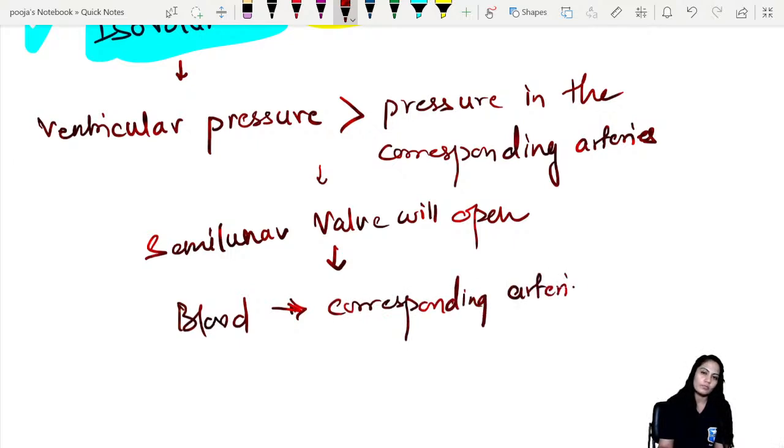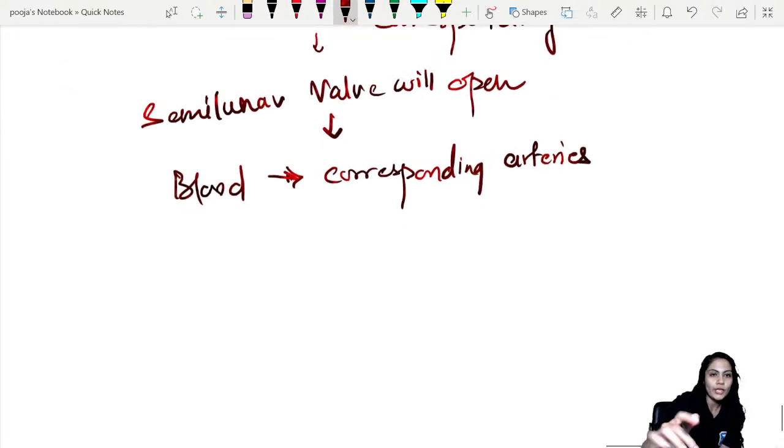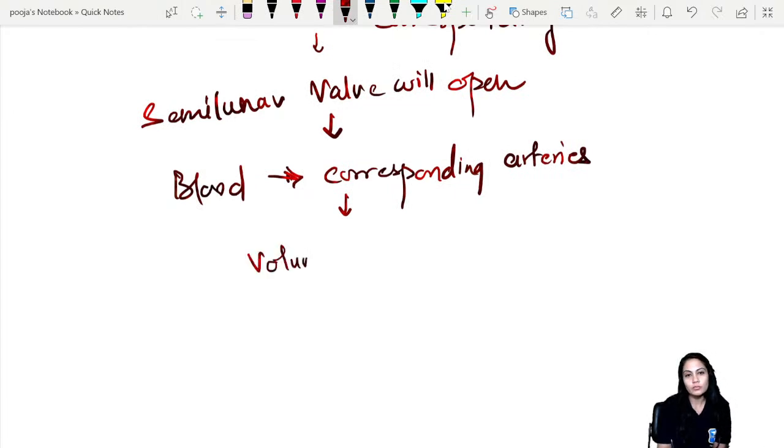Now the volume will change. Definitely the blood is moving, and that's why the volume changes are going to occur. So first of all the pressure changes will occur, but the volume will remain the same, and then the volume is going to change in the corresponding artery.